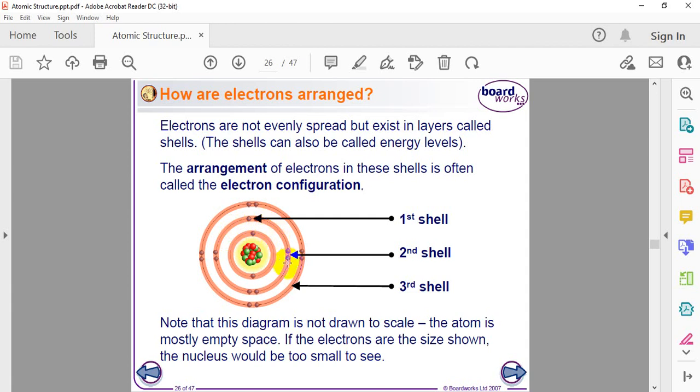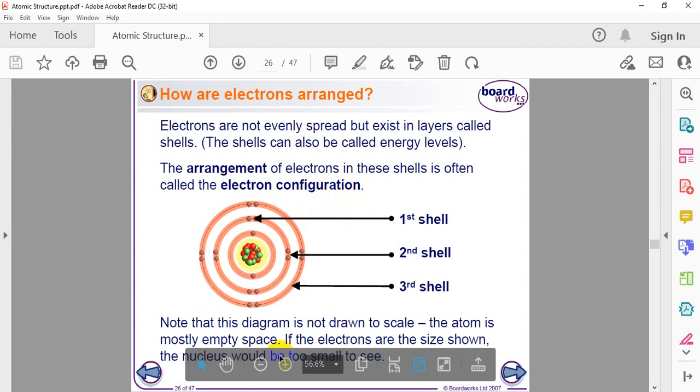Second orbital always takes 8 electrons. Third one takes 8 electrons. Fourth one takes 8. Fifth one 8. So we have what? K, L, M, N. First orbital is called K shell, then L shell, M shell, N shell, O shell, P shell to Z. Note that this diagram is not done to scale.